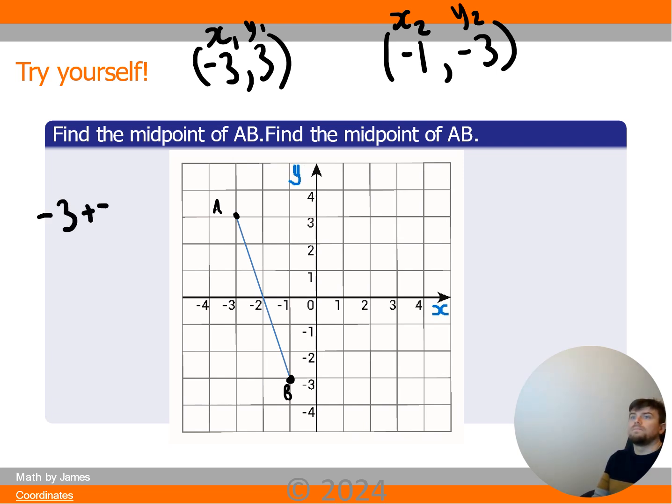So x: -3 plus -1, divided by 2, which gives us -4 divided by 2, which gives us -2. So that's our x coordinate. For our y coordinate, we need to do the same. 3 plus -3.